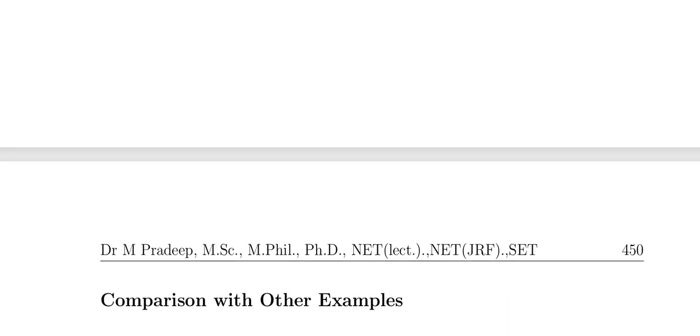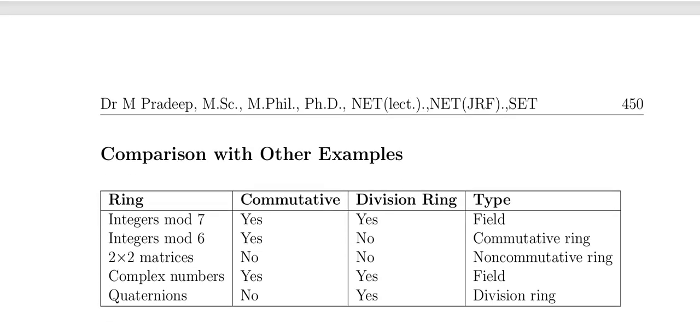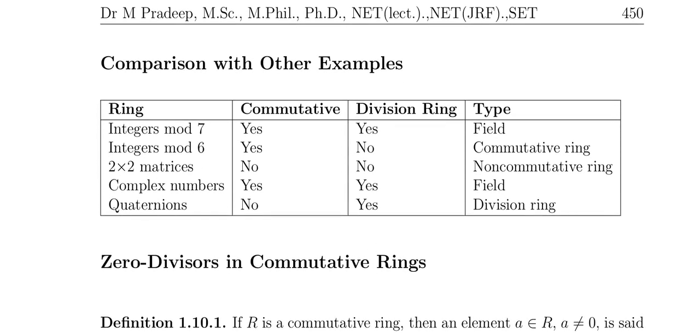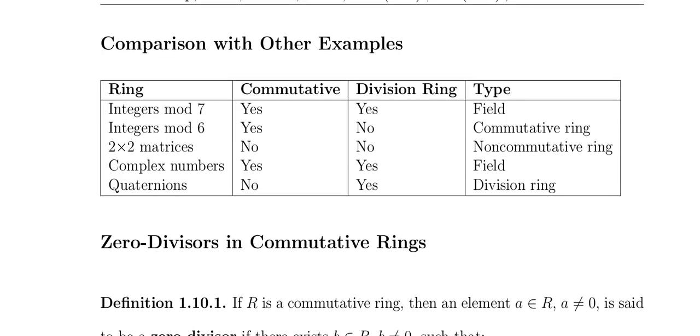So non-zero elements form a non-abelian group, and this is a table summarizing the discussion. The ring of integers modulo 7 is a commutative ring, a division ring and a field. But integers modulo 6 is a commutative ring but not a division ring. 2 by 2 matrices are not a commutative ring and not a division ring.